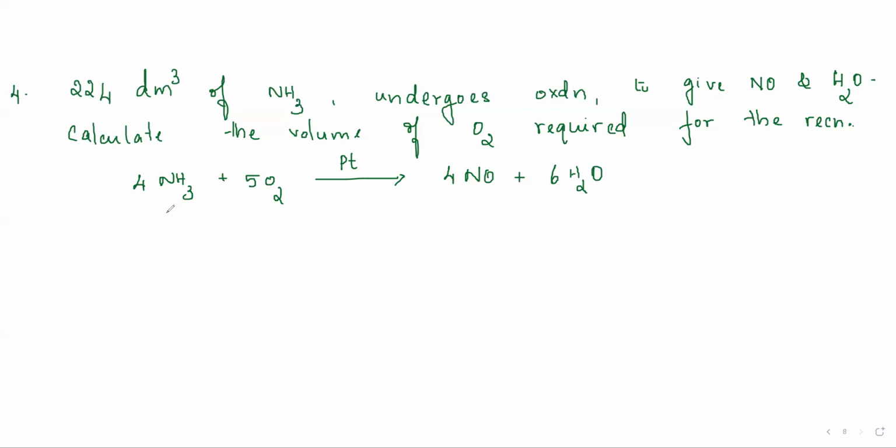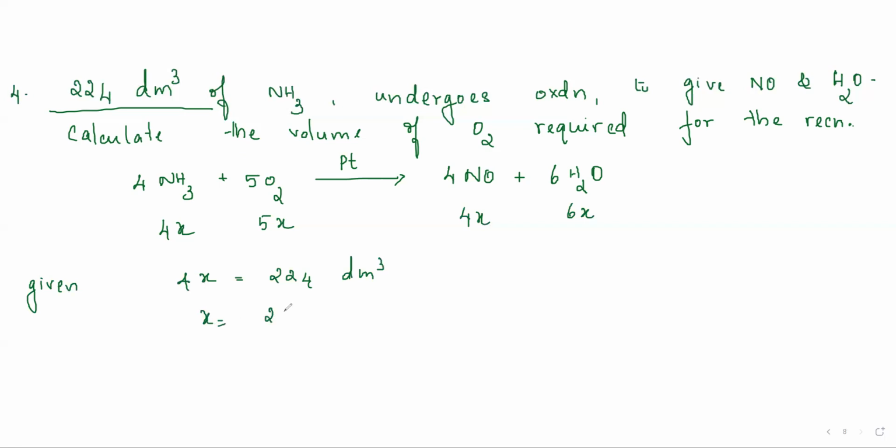Now, in this, 4x, 5x, 4x, 6x. This is the ratio according to Gay-Lussac's law. And only one quantity is given to you, that is 224 dm cube of ammonia is taken, which means given 4x is 224 dm cube. Then x will be 224 by 4 dm cube.